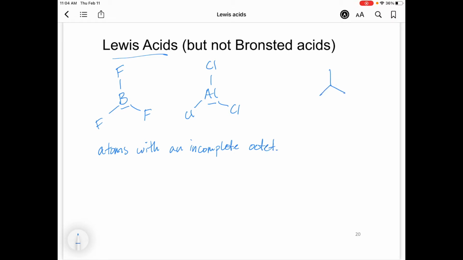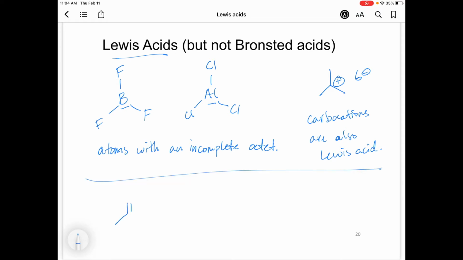Carbocations are also Lewis acids. This carbon here only has 6 electrons in its octet. Another example here is that carbonyls are technically also Lewis acids. And you're like, wait a second, each carbon of these has a full octet. Well, this is where resonance comes in.